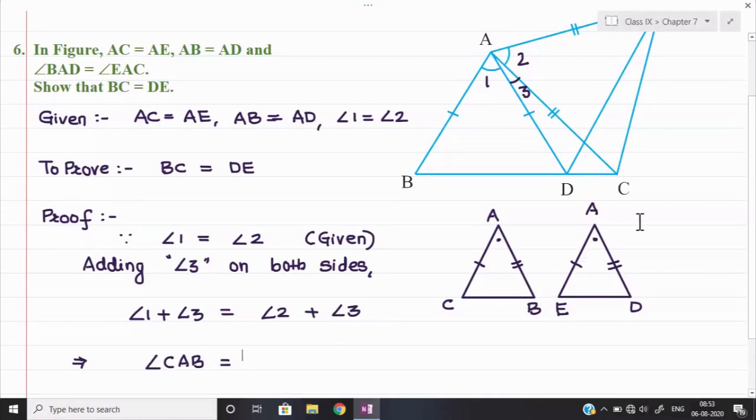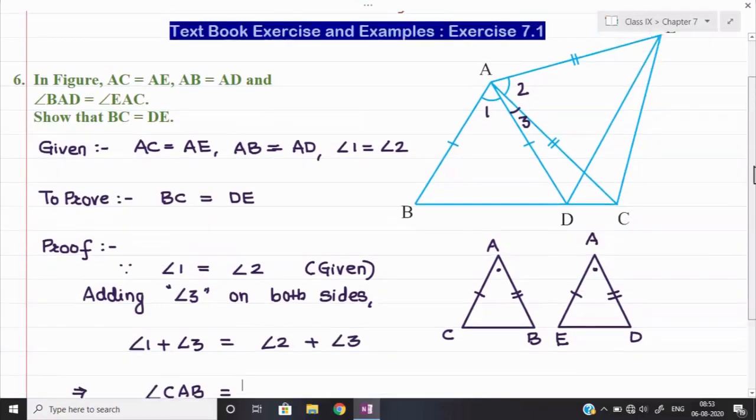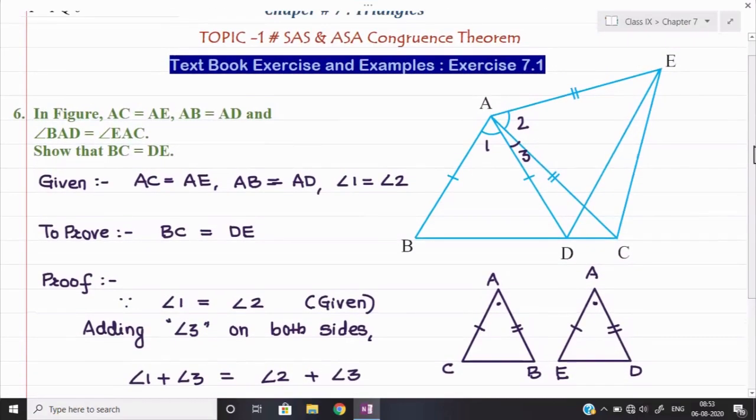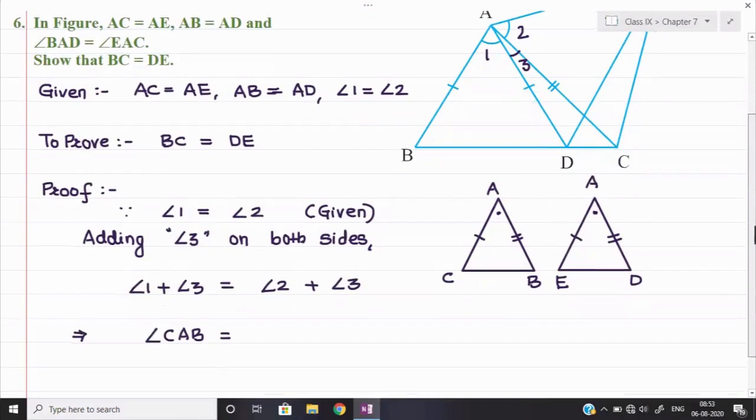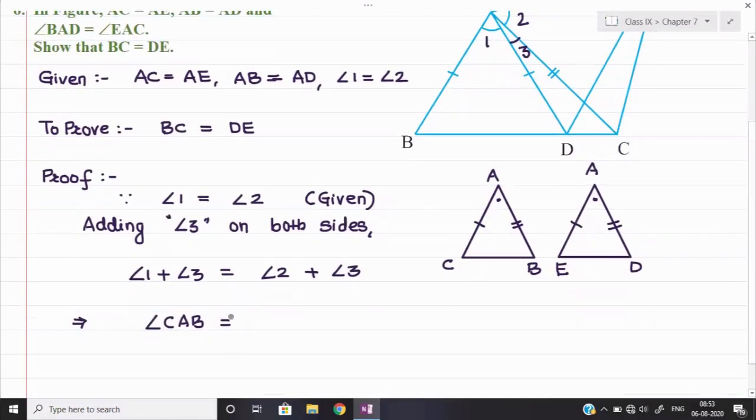Similarly, look at the addition of angle 2 plus angle 3. Angle 2 plus angle 3 will be equal to angle DAE. Okay. So we can write down in place of angle 2 plus angle 3, angle DAE. This is my equation number 1.